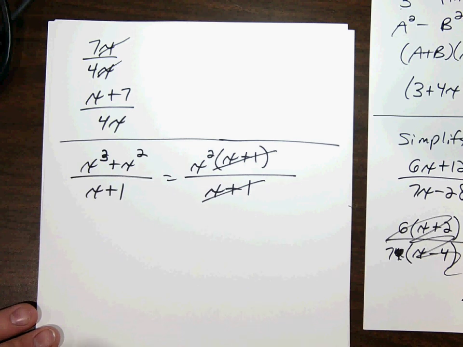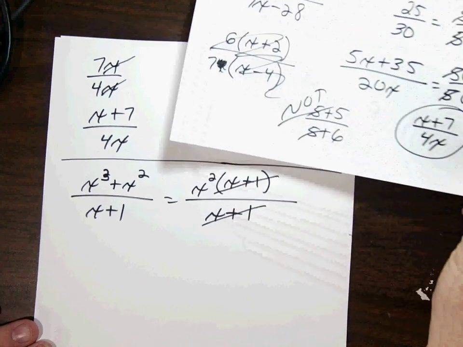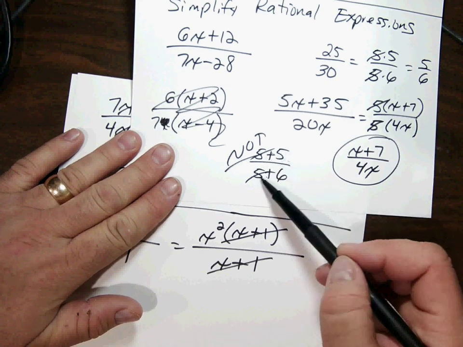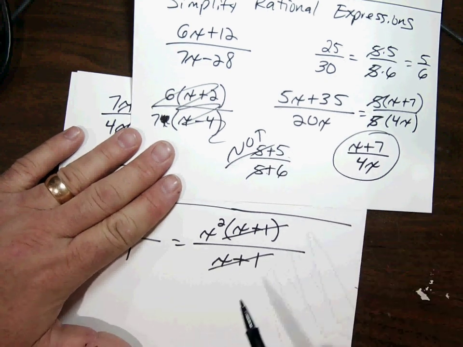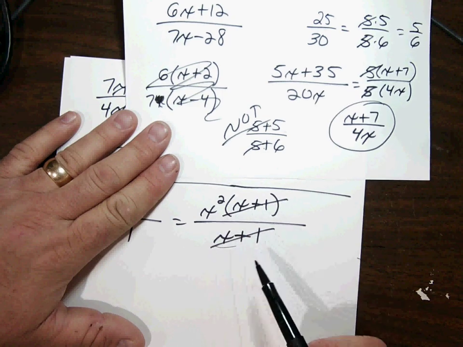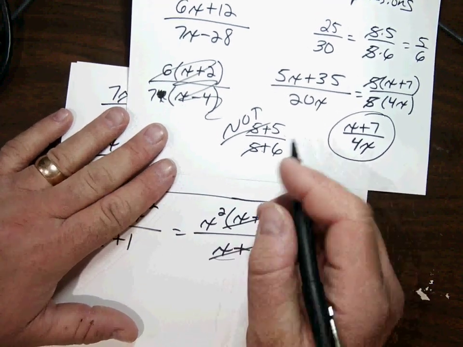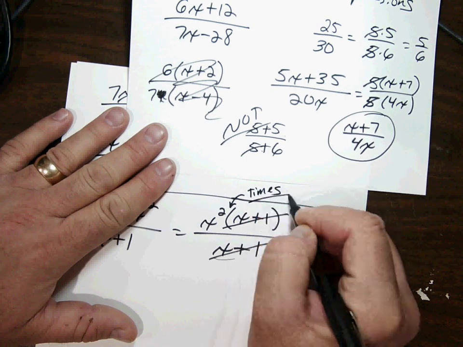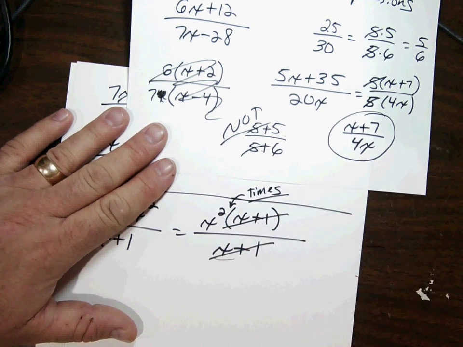You may be waving the red flag saying, wait a minute, you just said I can't cancel with the plus signs. Here's the difference. In the earlier example, the plus signs were in between the pieces I attempted to cancel. But here the plus sign is within the piece I canceled, and outside of the pieces, this right here is times, right? x squared times x plus 1.